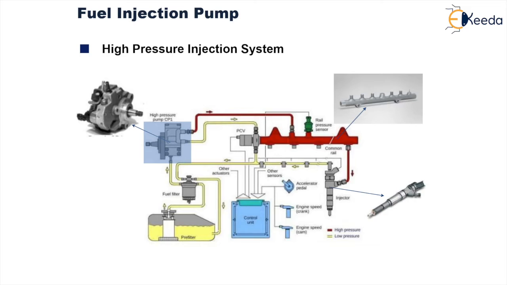Then again the rest of the components will be similar with the addition of a control unit. This control unit will take in the signals from the accelerator pedal, the engine speed from the crankshaft rotation, and the engine speed from the camshaft. This will process the signal and give out the commands to the actuators, basically to the fuel pump and the injection nozzle.